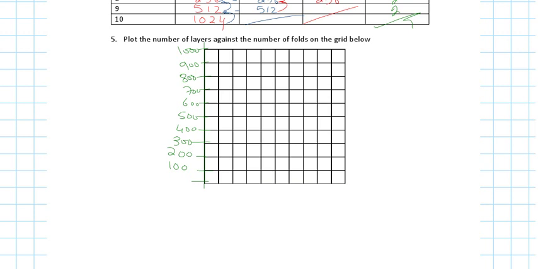And along the bottom I have 1 fold, 2, 3, 4, 5, 6, 7, 8, 9, 10. This is the number of folds. Anytime you are graphing, you need to label your x and y. Number of layers.